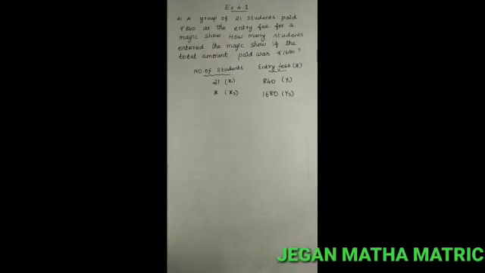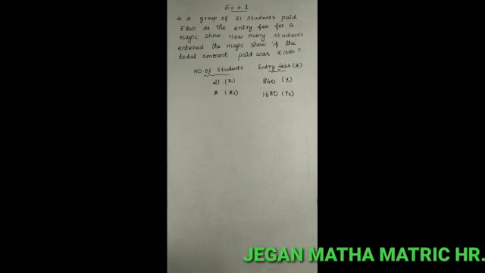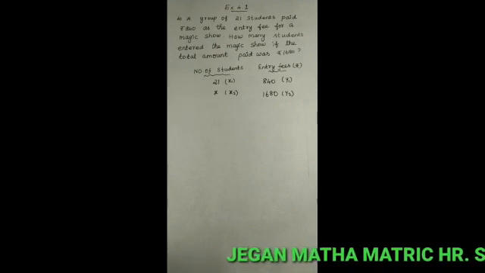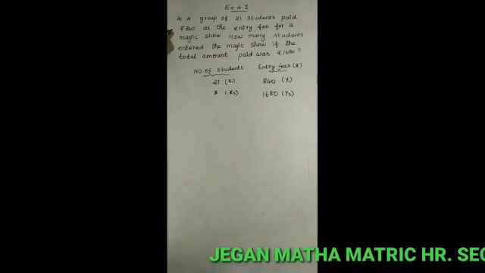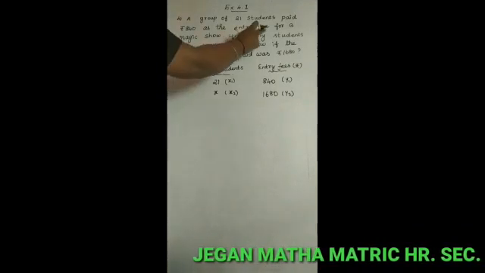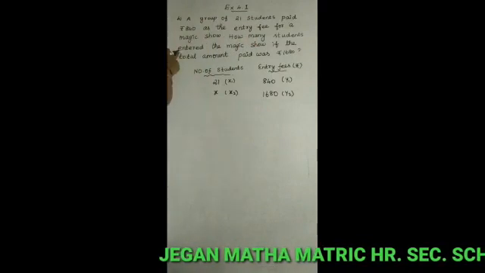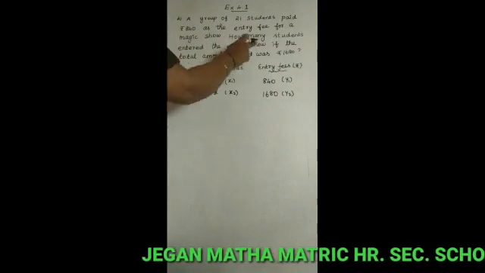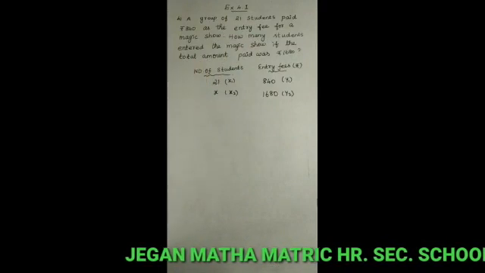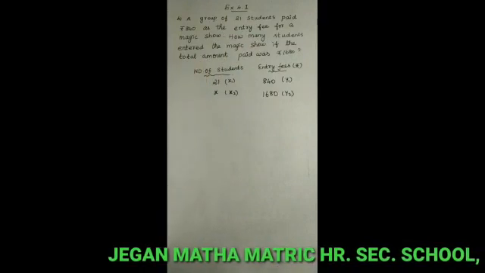In the fourth one, a group of 21 students paid rupees 840 as the entry fee for a magic show. Then how many students entered the magic show if the total amount paid was rupees 1680?